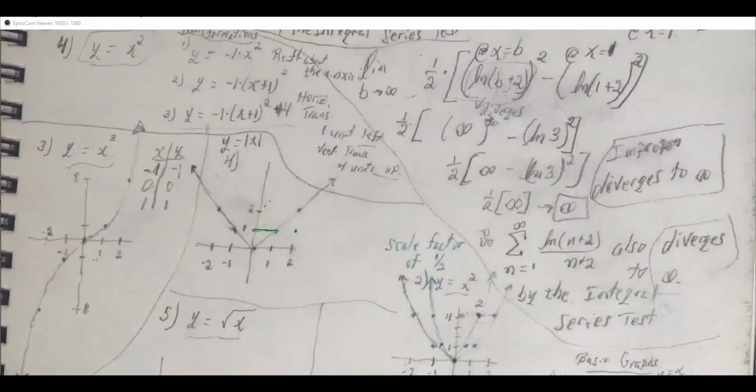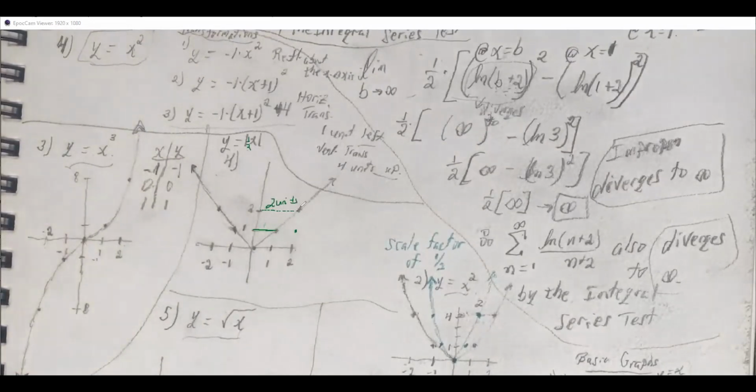So what will happen to this point? On the original function, how far away from the y-axis is it? 2 units. And now we're going to do what to that distance? You multiply it by 2.